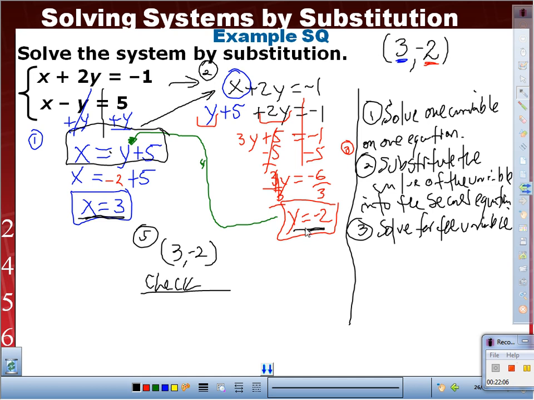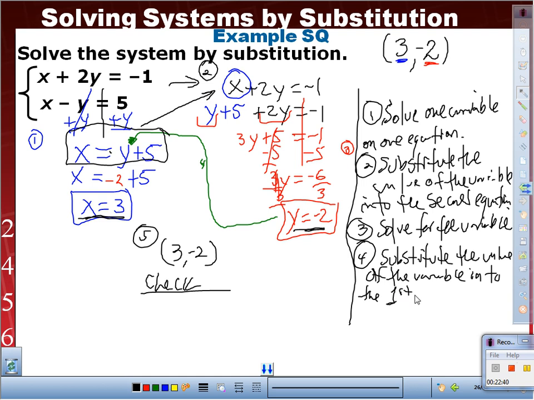Okay, so once we did that, now we went back in green, and we did step 4, which is what? Ken? Good. That is correct. Substitute the value of the variable into the first equation.